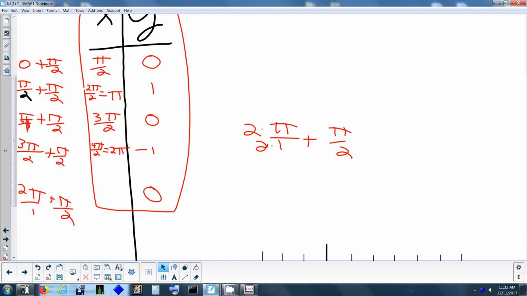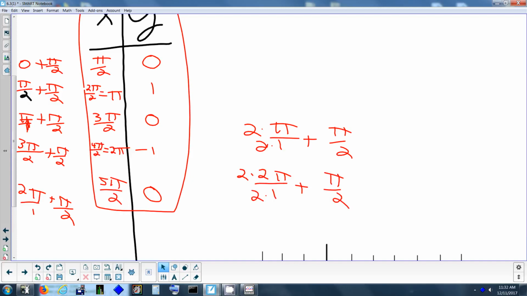And the last one, same thing again, you need a common denominator between 1 and 2. 2. Double the top, double the bottom. So 4 pi over 2 plus 1 pi over 2. 5 pi over 2. Yep.